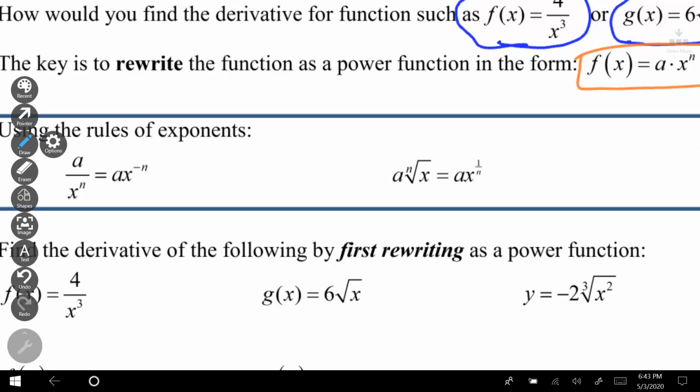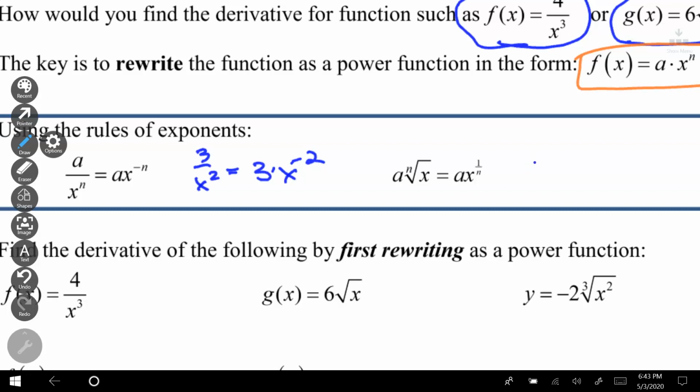So one of our first rules is a over x to the n. Something like 3 over x squared is really 3 times x to the negative 2, because something with x in the denominator is really x raised to a negative exponent.